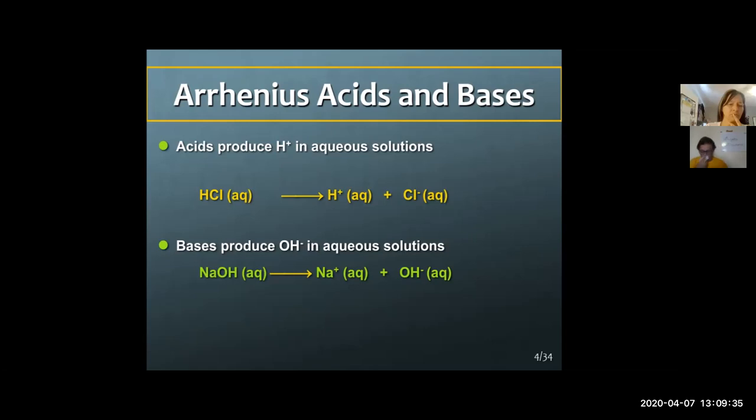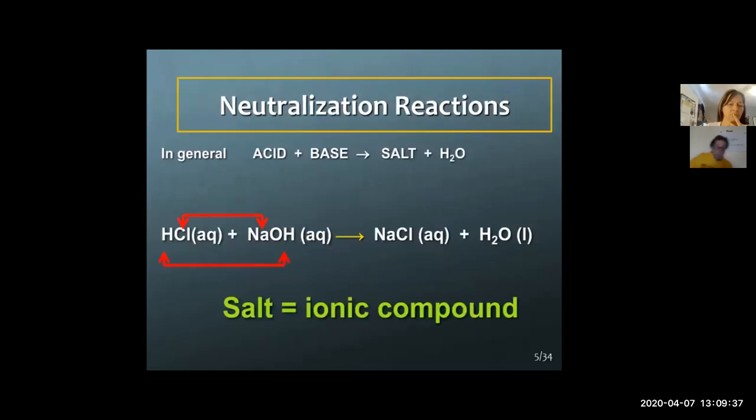All right, now, the other chapters that we will talk about down the road are reaction types. This is an introduction of the first type of those reactions, and it's called the neutralization reaction. The thing to take away from this is that anytime you react an acid and a base, they neutralize each other.